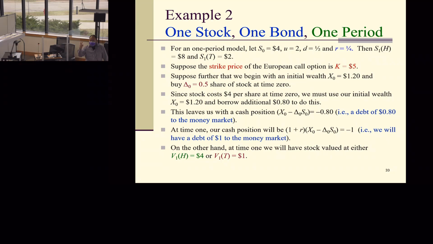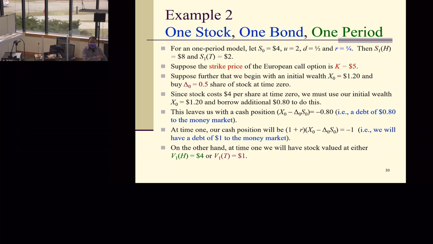It will cost me $2 to buy half a share, so I'm short 80 cents. Therefore, I'm going to borrow 80 cents from the money market account, so I have $2 to purchase that half share. Very easy.